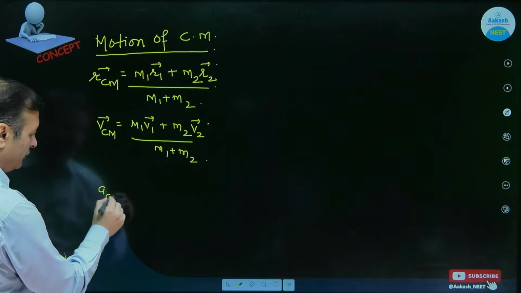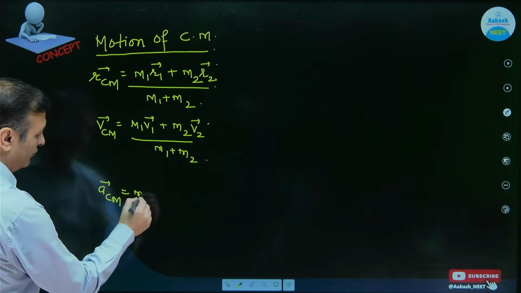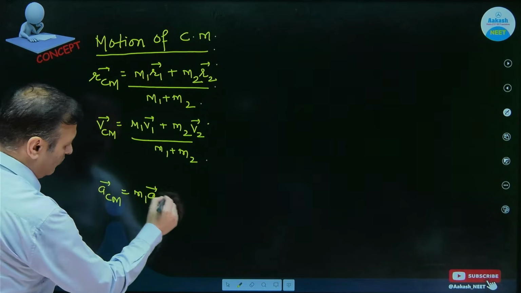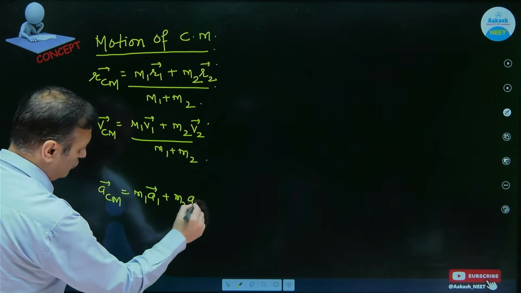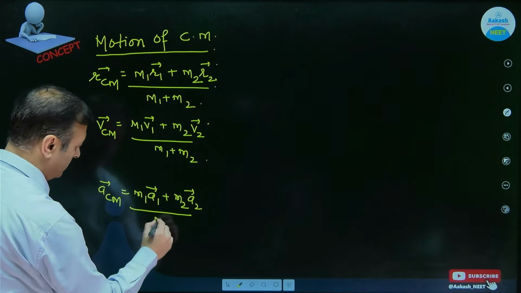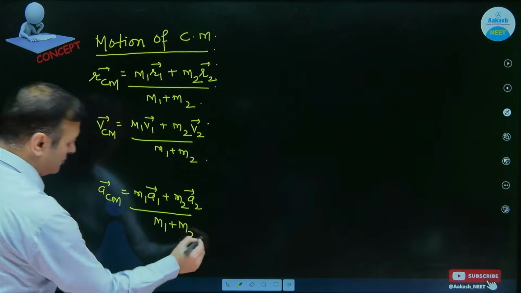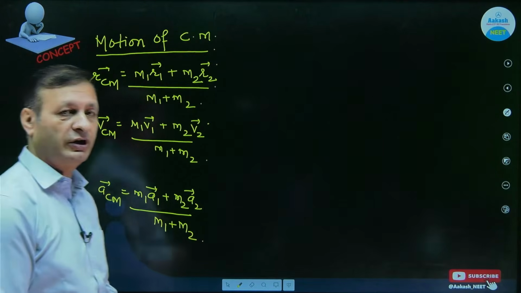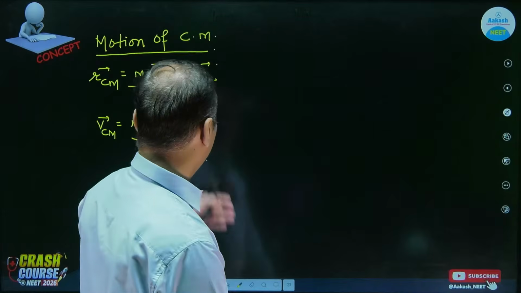If you differentiate further, the acceleration of center of mass is m1 a1 plus m2 a2 divided by m1 plus m2. Got it? So these are the standard expressions.